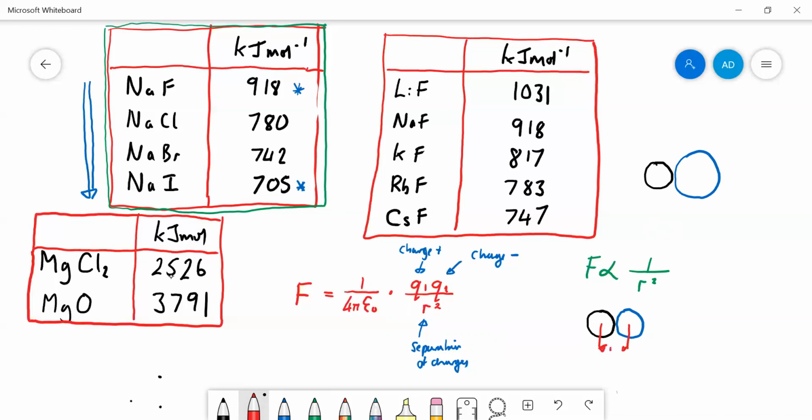You can see R for the sodium iodide is going to be quite a bit bigger, because the iodide ion has a bigger radius. So R is bigger in the case of the sodium iodide than in the case of the sodium fluoride.